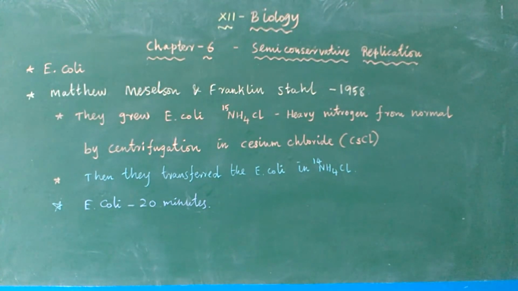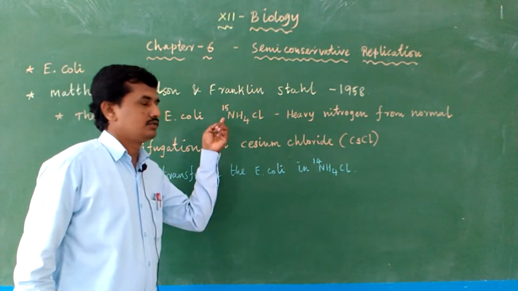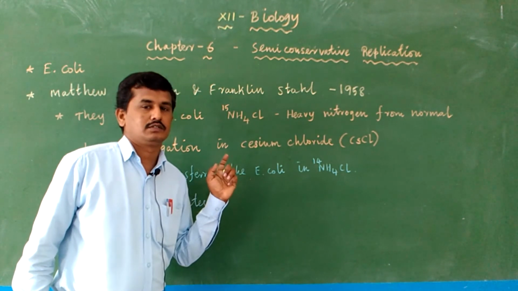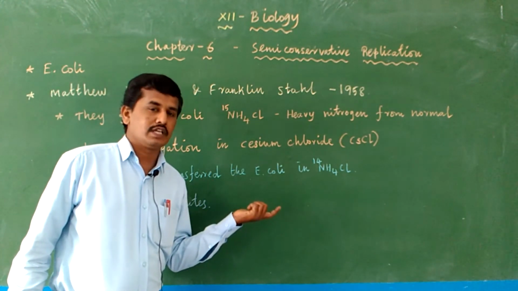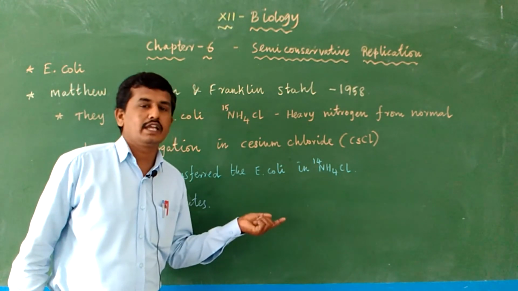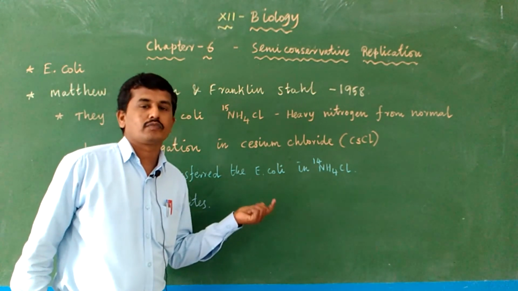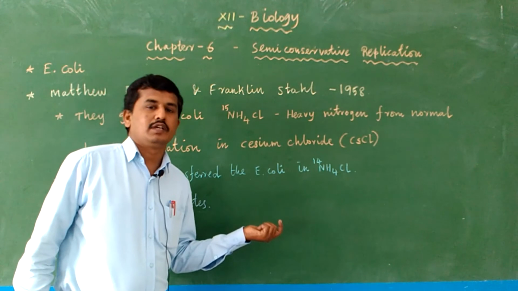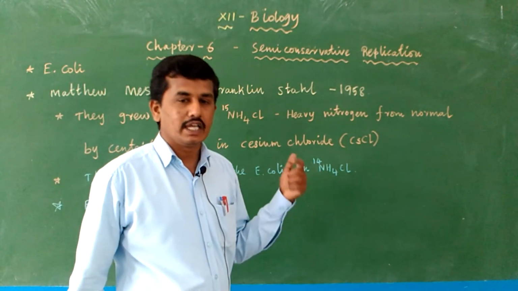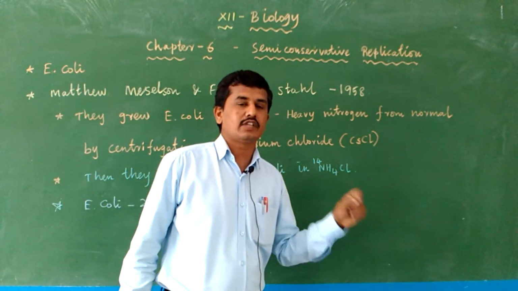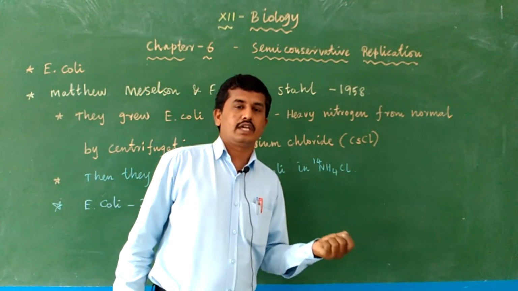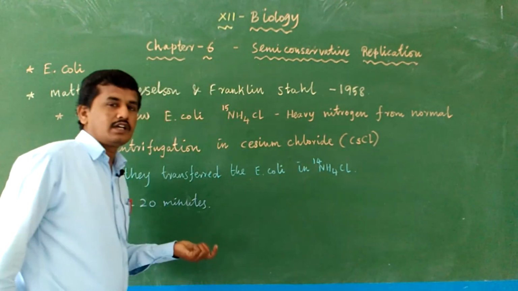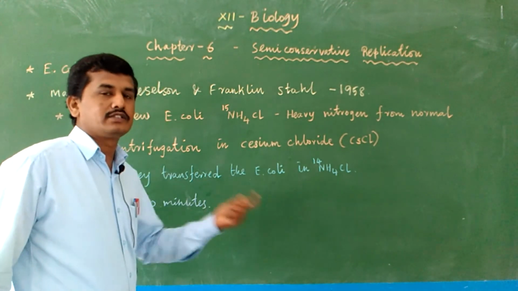First, we add ammonium chloride 15 in the first stage. They grow the bacterium with ammonium chloride 15, and the nitrogen in the DNA's nitrogen bases is actually N15. After several generations, we add only nitrogen 15.